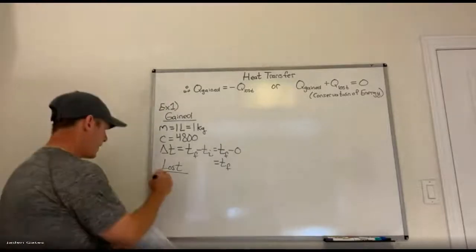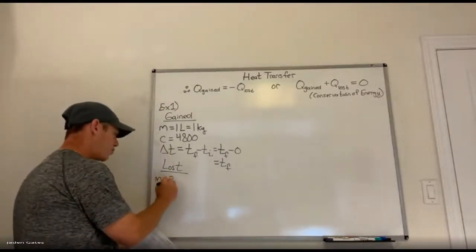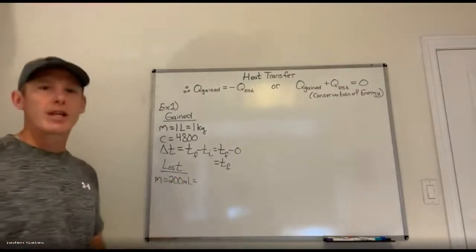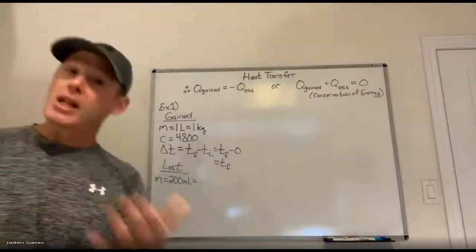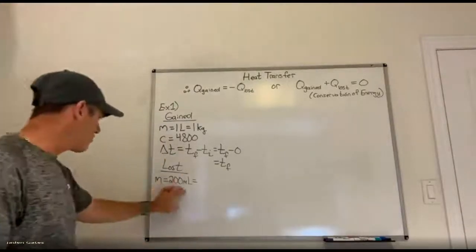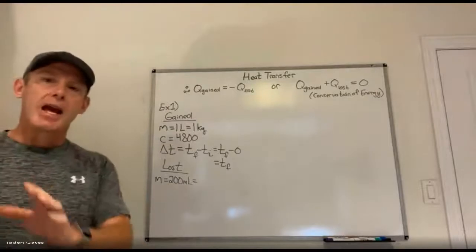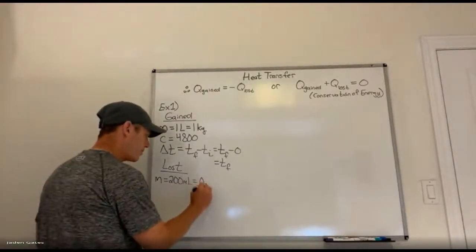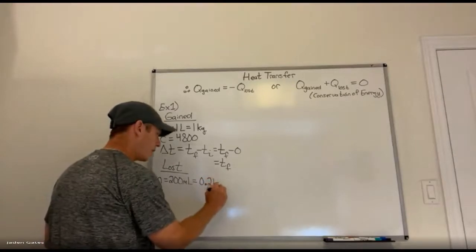Now its mass is 200 milliliters. Again, converting that to kilograms, a milliliter is equal to 1 gram. And so I'm going to take this number of 200 milliliters and divide it by 1,000, so that I end up with 0.2 kilograms.